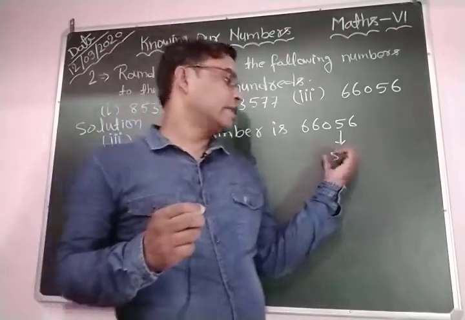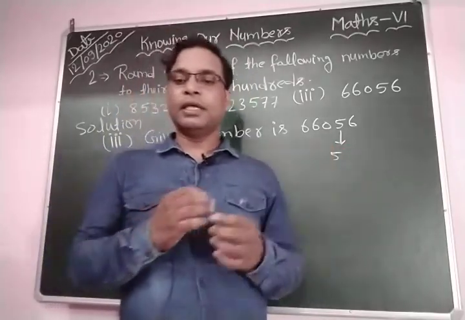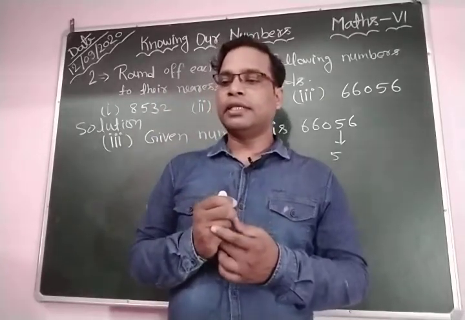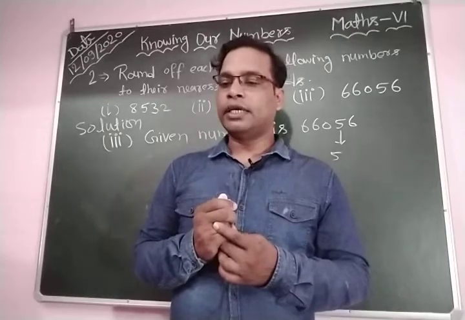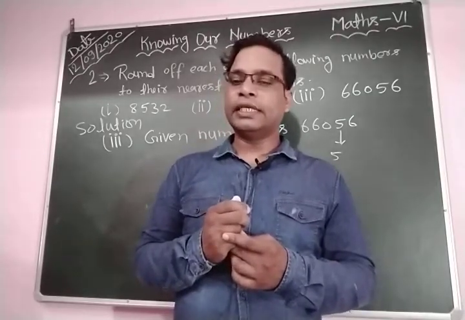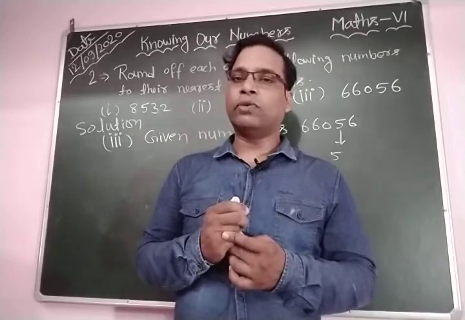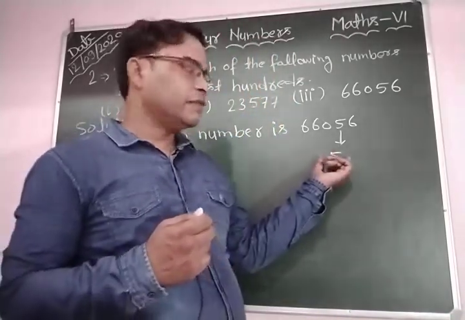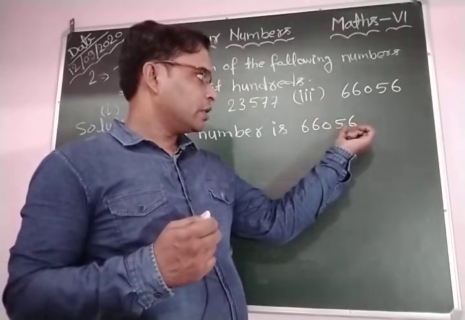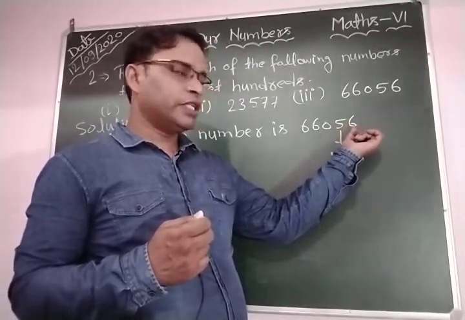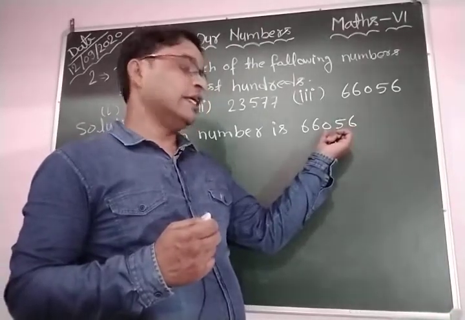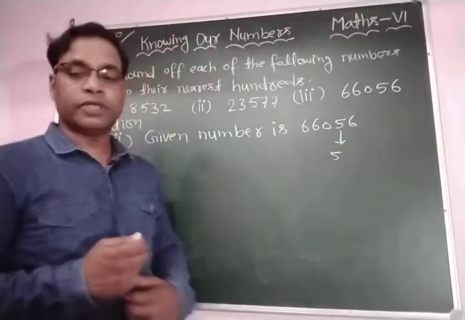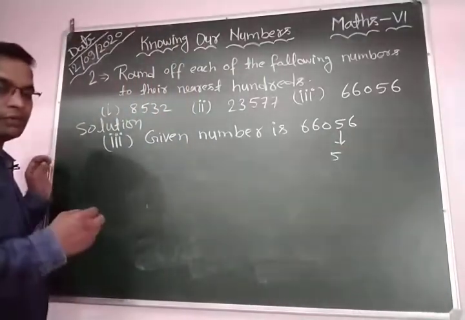But the next rule is, if the digit at the tens place is 5 or greater than 5, then increase the digit at the 100 place by 1 and replace each of the digits at the ones place and tens place by 0. So this is 5. It means that we replace the tens place digit and ones place digit by 0 and increase the 100 place digit by 1.